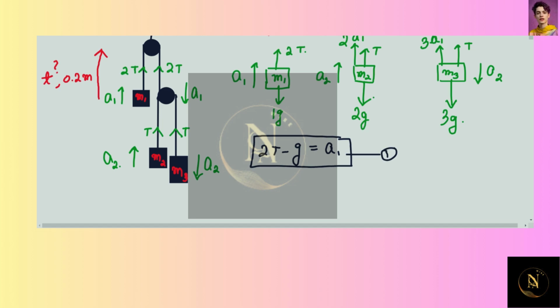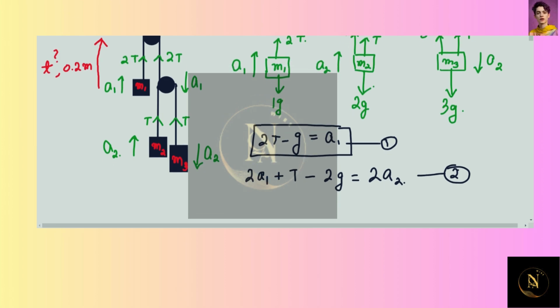Similarly, we apply Newton's second law to blocks M2 and M3. For M2, the total force in the upward direction is 2A1 plus T minus 2G is equal to M2 times A2, that is equal to 2A2. Let's say this is equation 2. Similarly for M3 we get 3G minus 3A1 minus T is equal to 3A2.